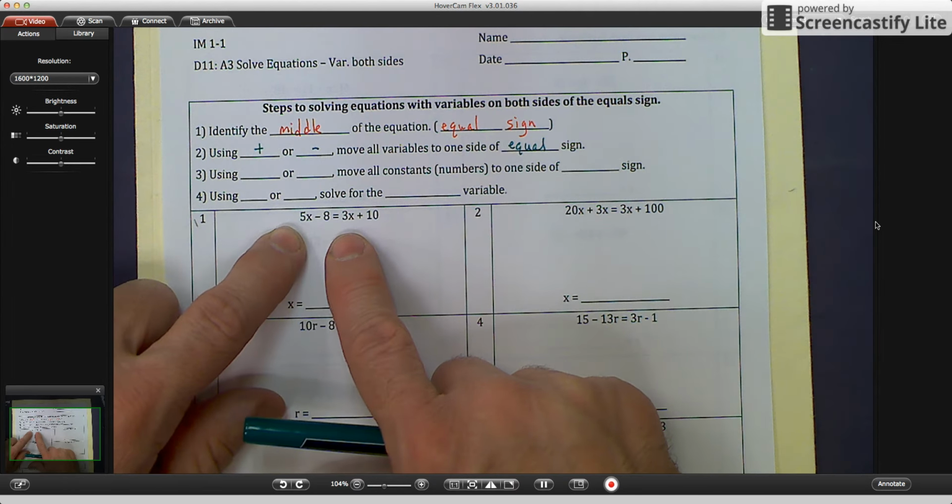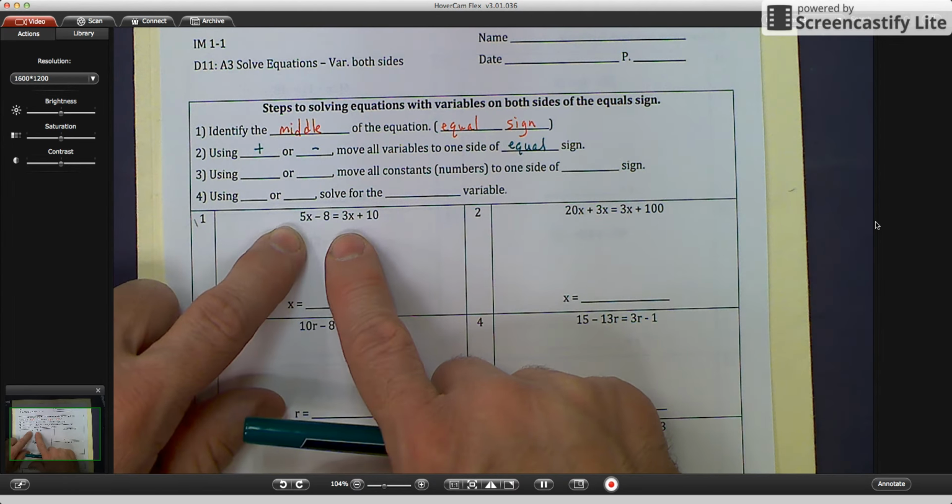So if I move one set of variables to the left, I have to move this -8 to the right. And then the last thing it says is using multiplication or a division sign, solve for the single variable. And I'll show you what I mean when I'm talking about that.